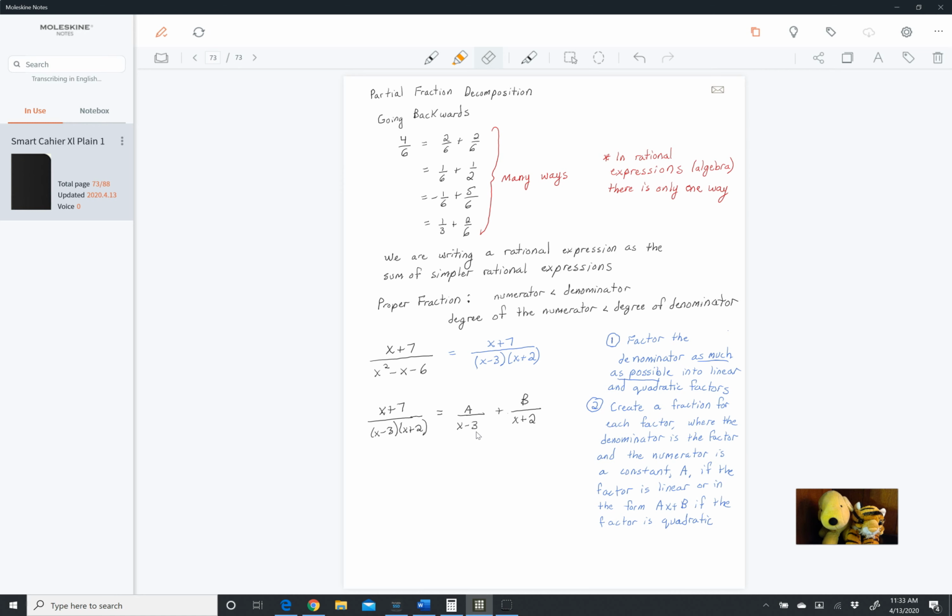Now what we're going to do is we're going to multiply both sides by the denominator on the left, by the original denominator, okay? The denominator of the original fraction.